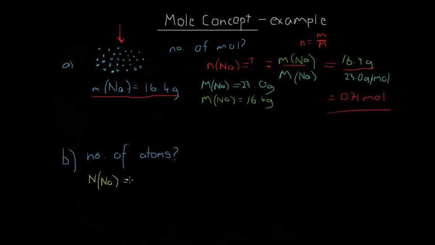From the last video, we found that the number of atoms of a substance is equal to the number of mole of a substance times Avogadro's number, which is the number of atoms in 1 mole. We know from up here that little n is equal to 0.71, so we can sub that in straight from our last answer.